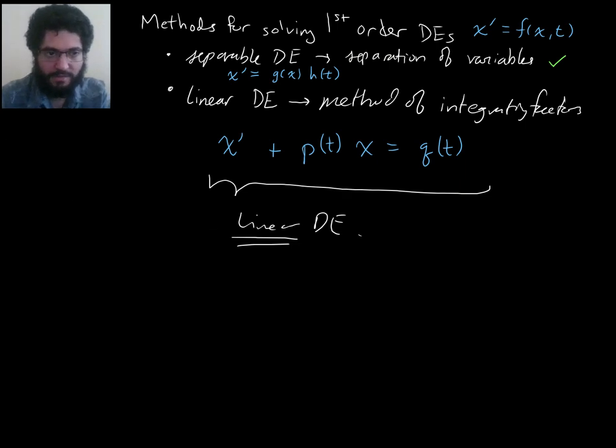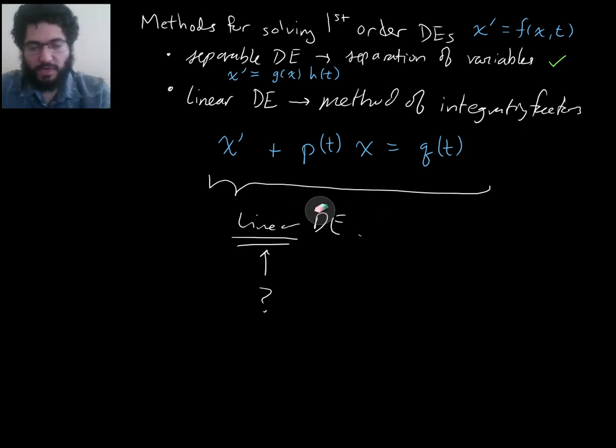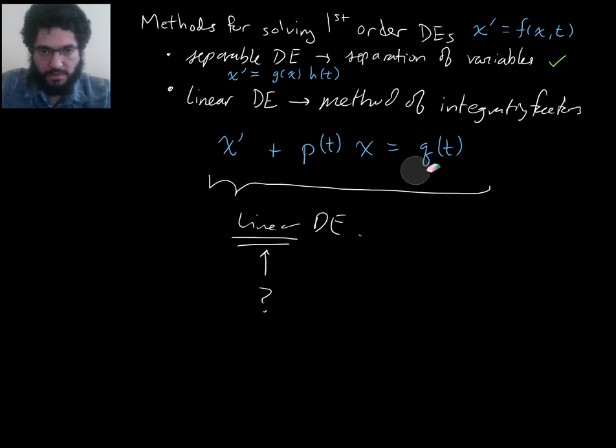I will come back at the end of the lecture and we'll discuss what exactly is linear about this. So you'll see there is something linear algebra-ish going on here. So for now, just take linear to mean can be put into this form. And at the end, we'll look at what it really is supposed to mean.